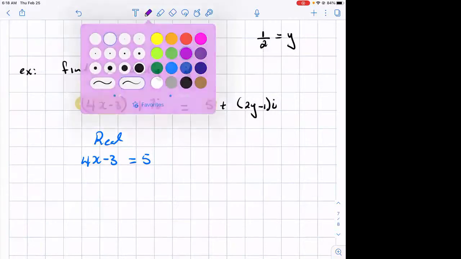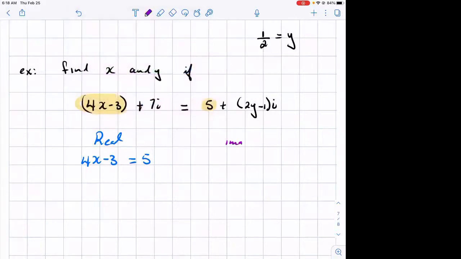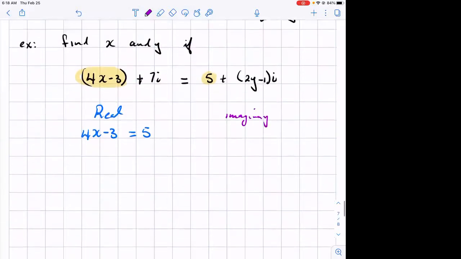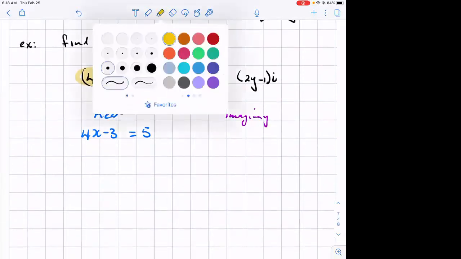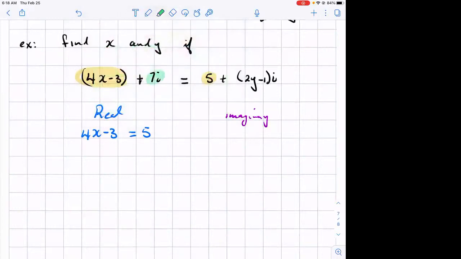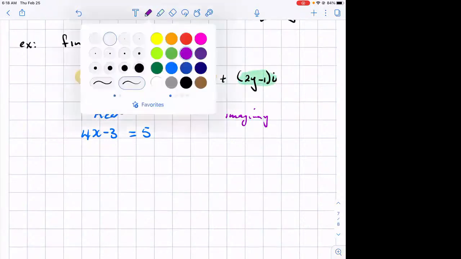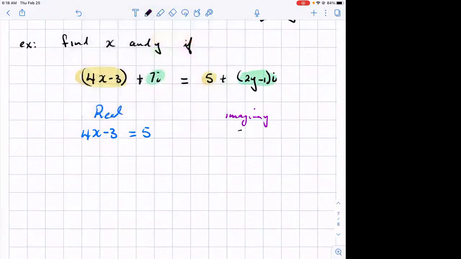The imaginary part is the part that has the i's. So here's the piece with i, and here's the piece here with i. So the imaginary part is 7i, and that is equal to 2y minus 1 in parentheses times i.